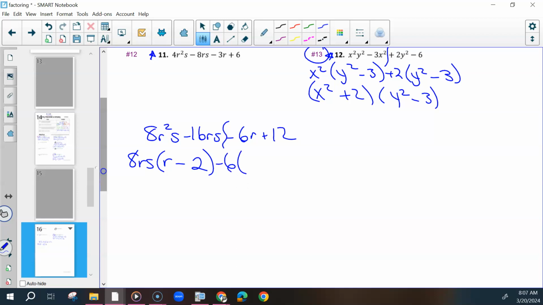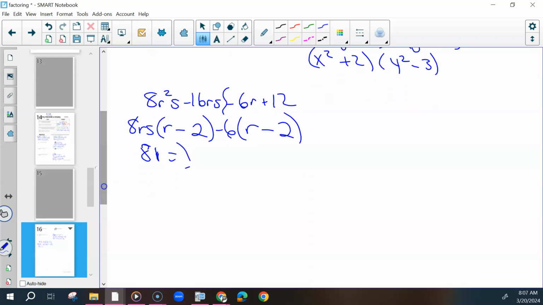Negative, yes. Which would leave us with r minus 2. We're dividing by a negative. So then at the end we'd have 8rs minus 6 and r minus 2.